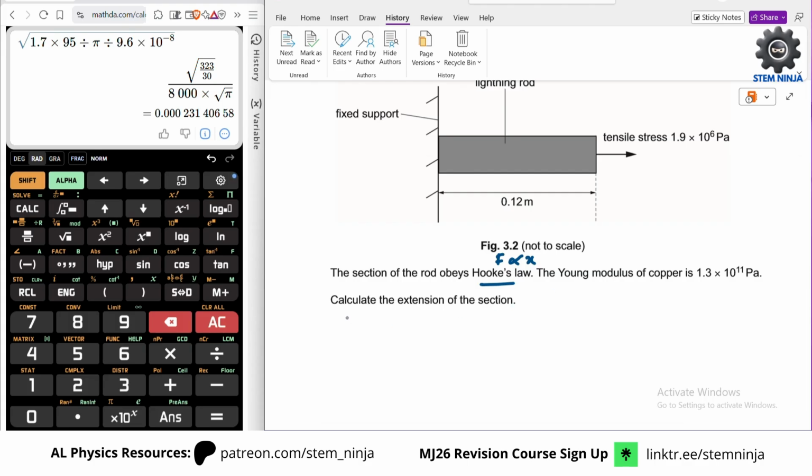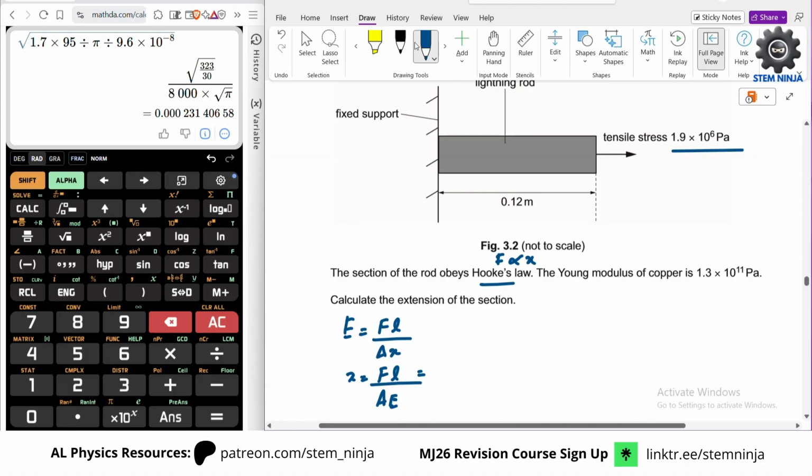Okay, so we know Young modulus formula, so x would be FL over AE. Right, so we have force over area. So basically, this part we have, right?